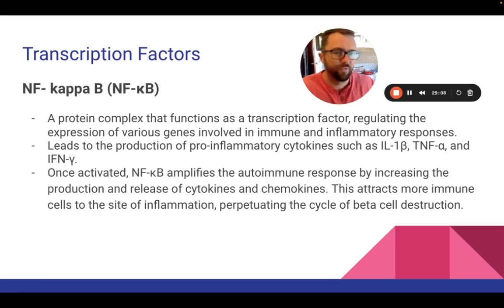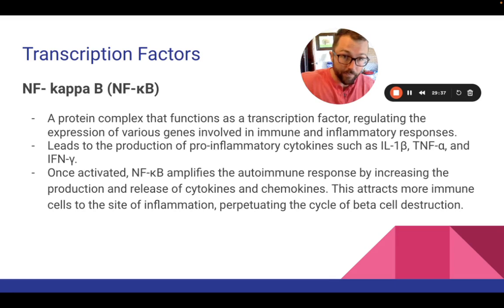Then you have transcription factors. NF-kappa B is the most notable transcription factor in type 1 diabetes. It is a protein complex that functions as a transcription factor regulating the expression of various genes involved in immune and inflammatory responses. So you remember the piano metaphor, right? Our genes are the piano keys. Our cellular environment are the fingers that play the keys.